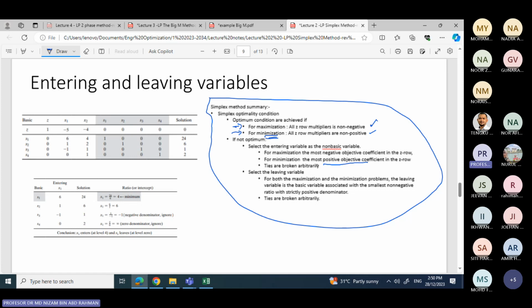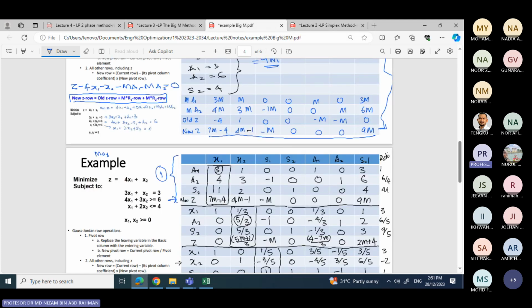But for minimization, you choose the most positive number, the other way around. So if you look at this, 7m minus 4 and 4m minus 1 are the two positive ones. Which one is larger? Which one is more positive? Yes, 7m minus 4. So x1 becomes the entering variable now, right?